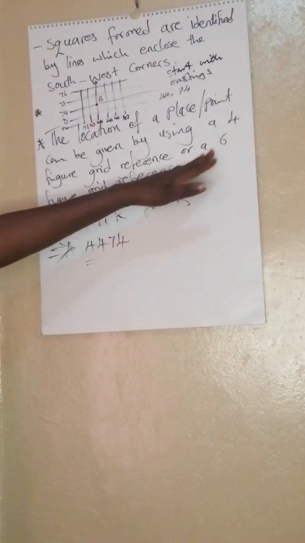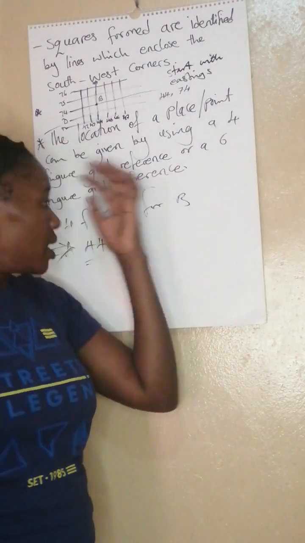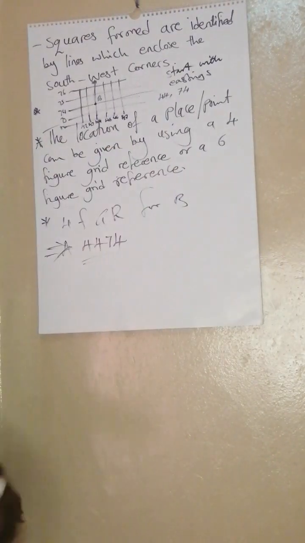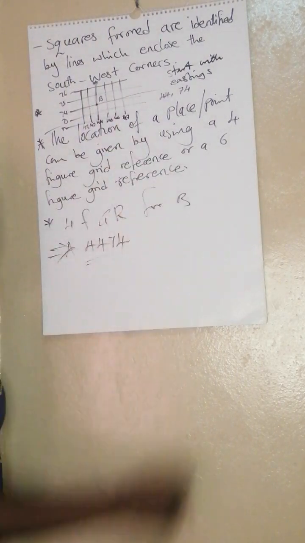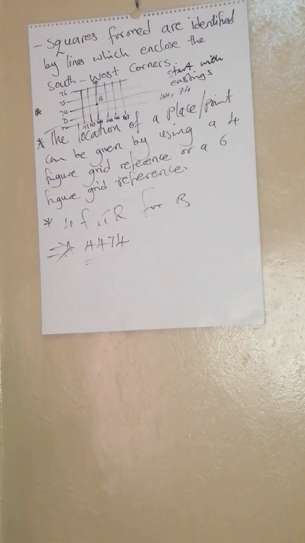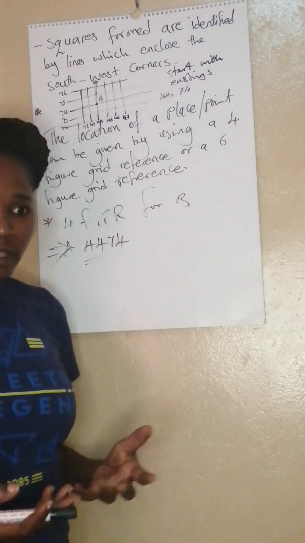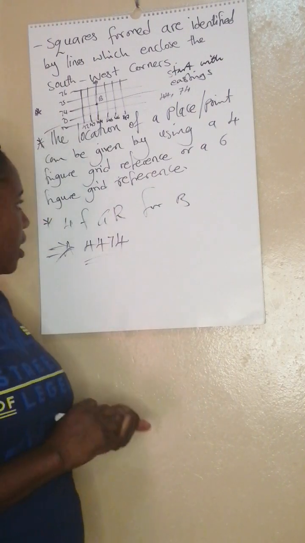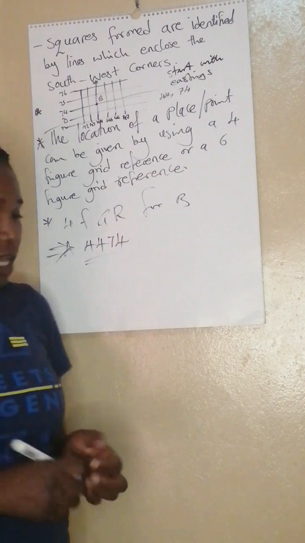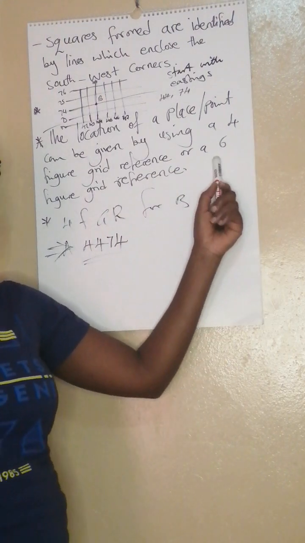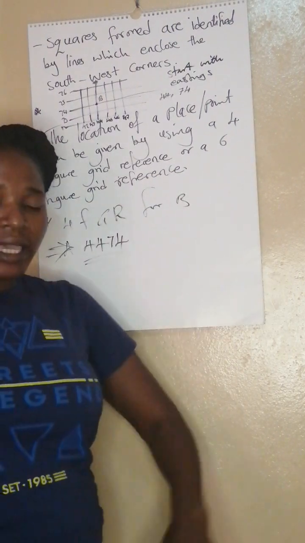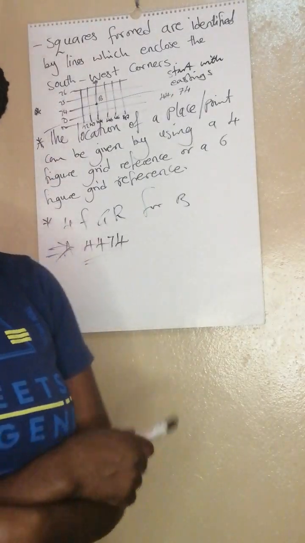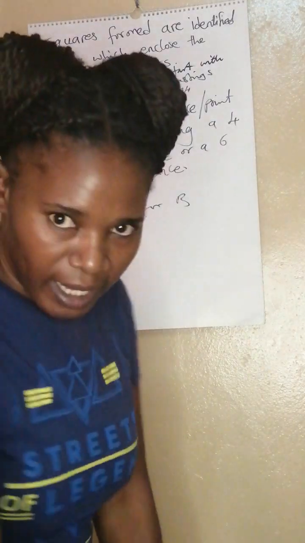Now, for me to use the 6-figure grid reference, I'll need more lines in these boxes. The 6-figure grid reference is more accurate. If I want to give an accurate direction, I'll need to use the 6-figure grid reference. I can say Chomba lives in Lusaka, in Libala.